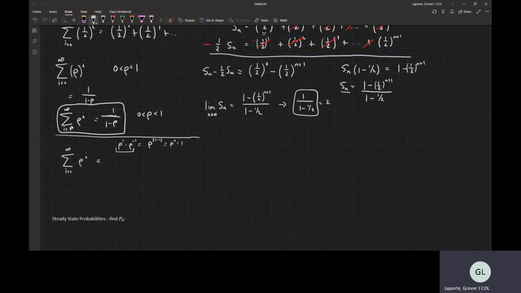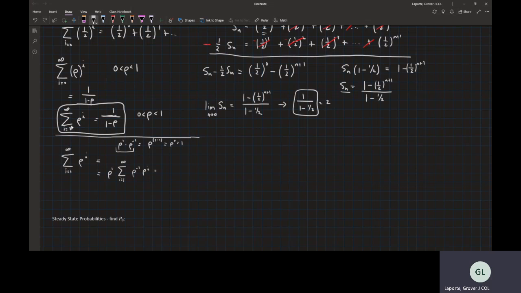So I'm going to bring a rho to the first power outside the summation sign, and I'm still going to go from i equals 1 to infinity, and then I'm going to have rho to the negative 1 inside my summation sign times rho to the i.